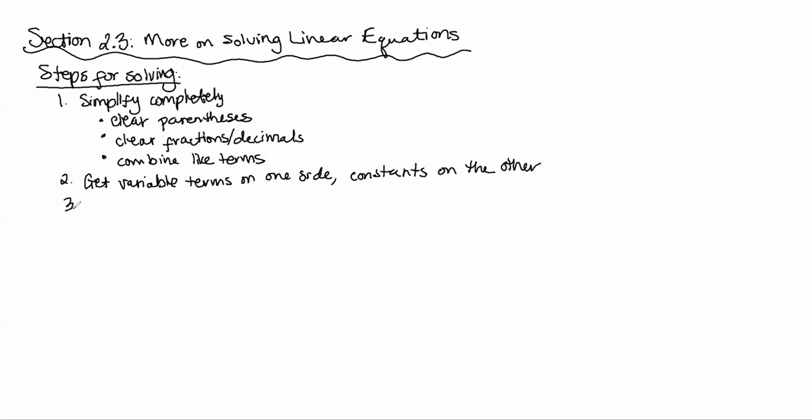Third thing we want to do is get the variable alone and positive. Remember, we don't want to end up with any negative x's. We always want a positive x at the end. That's our final step for solving. The last one is just to check the solution.